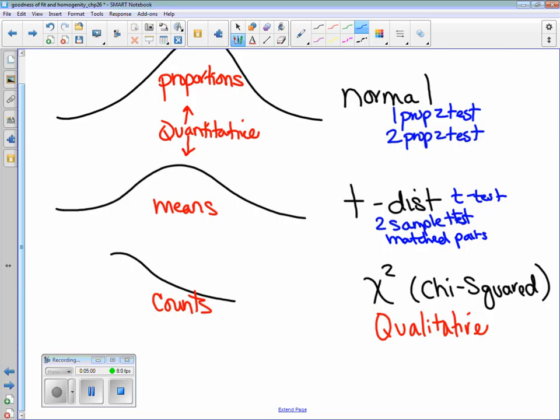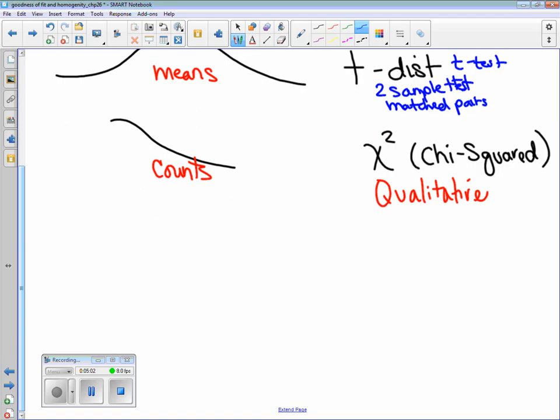Okay. With chi-squared, we actually have 3 different chi-squareds. And we're going to talk about 2 of those today, but there are 3. One is the chi-squared goodness of fit test. We're going to talk about what differentiates those. Sometimes we call that GOF, goodness of fit.